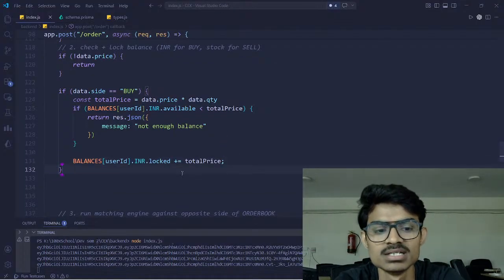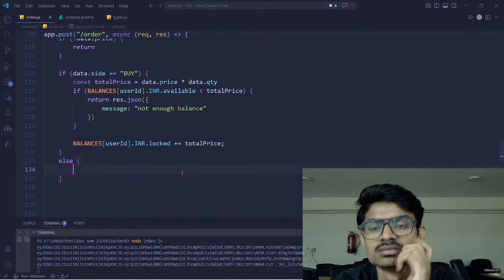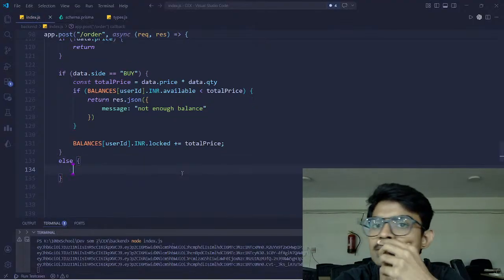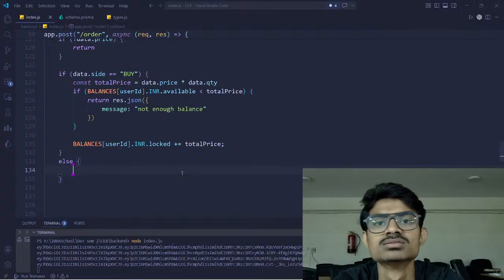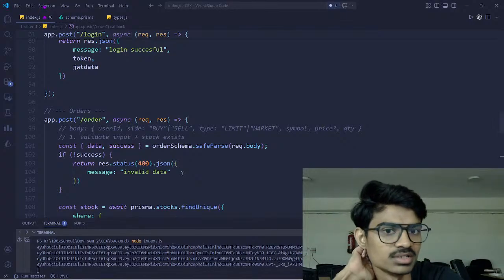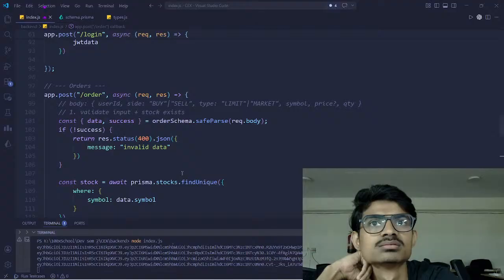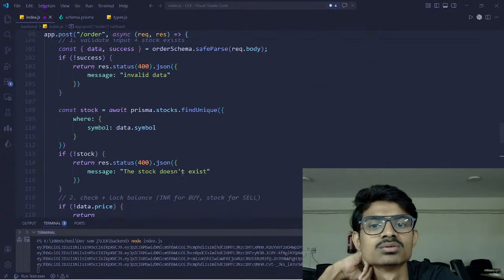We do this else. If we are selling, then what do we do? So if we are selling, we give the price at which we want to sell, that is the limit, and the quantity, so that will also be the per.